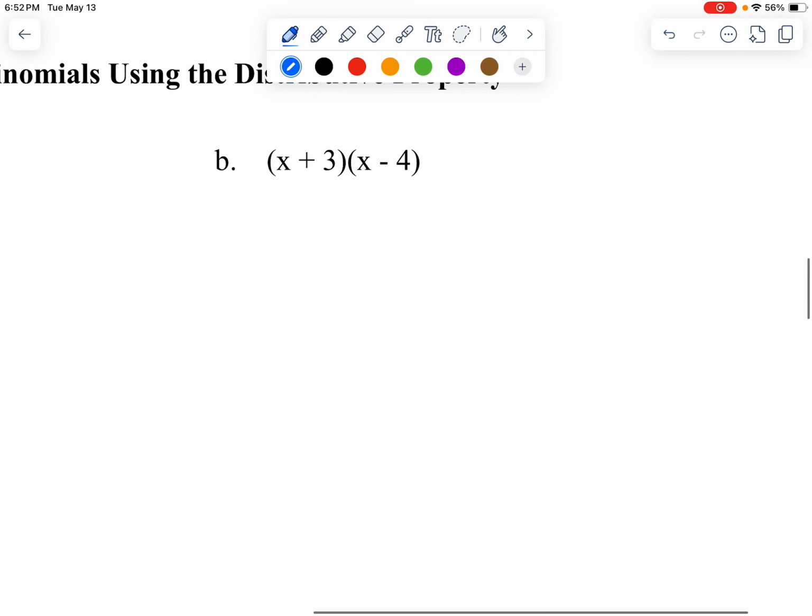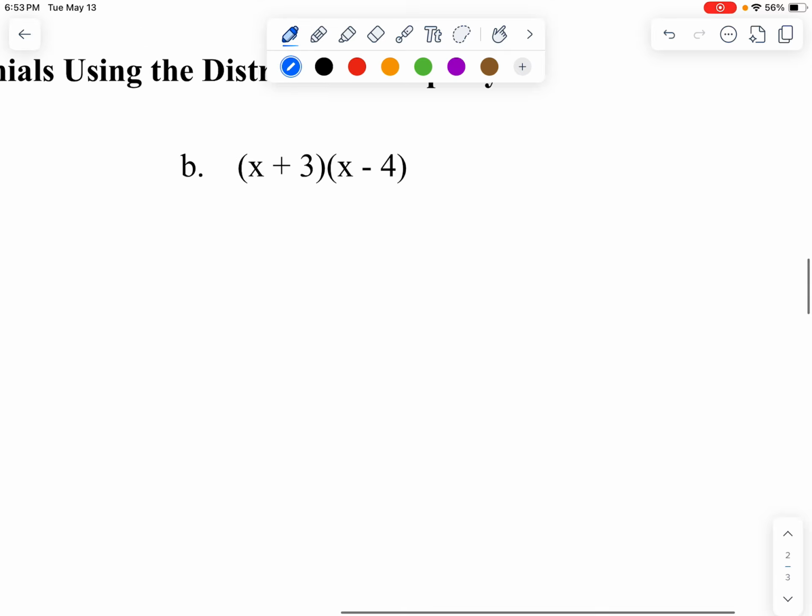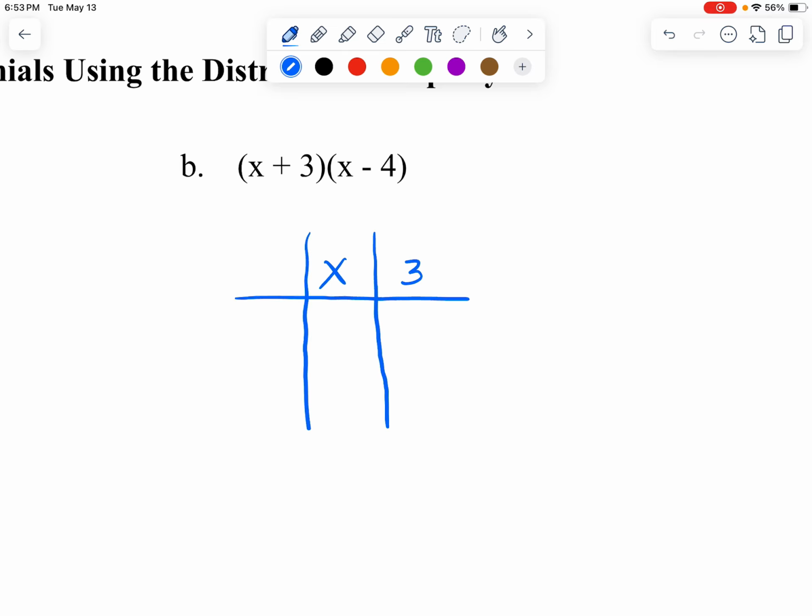Another method, and this might come in handy later on when you end up factoring things like this. It'll probably be a little while before you do that. But we have what we call the box method. So if I've got x and a positive 3 as one of my terms, I'm going to put these in a box.